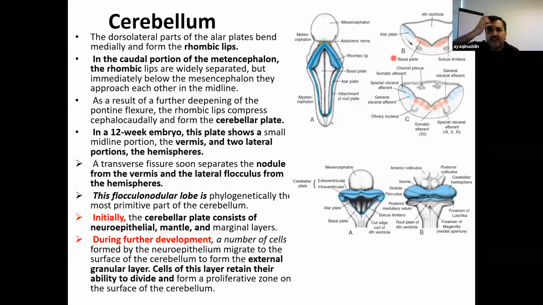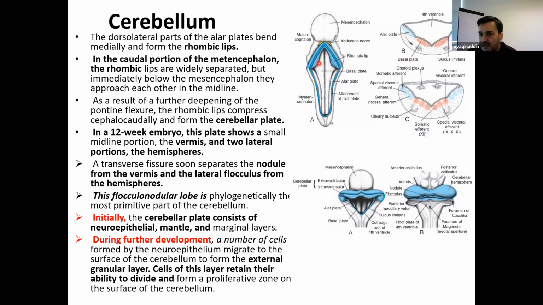Now we are coming to the development of the cerebellum, and we said that the cerebellum also arises from the metencephalon. So if you look at the posterior part or the dorsal view of the metencephalon, you would find that the caudal portions of the metencephalon are giving an extension which is called the rhombic lip.